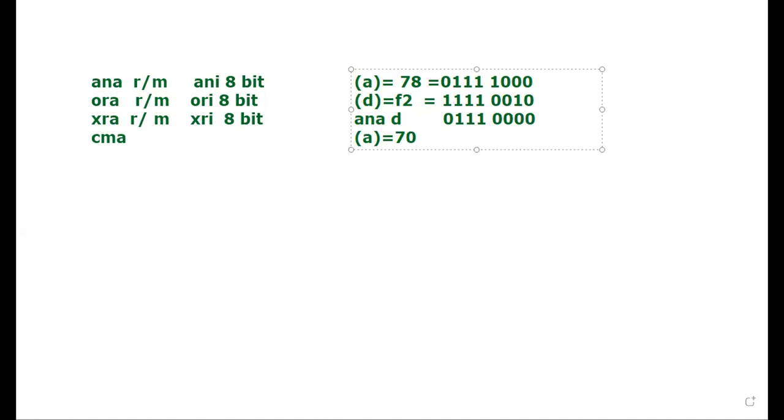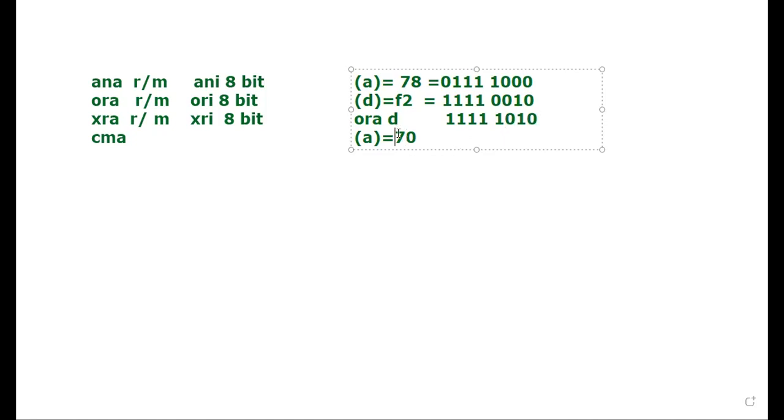Show everything up to here. ANDing instruction affects all the flags. Carry is reset of course, but auxiliary carry is set in the ANDing operation. Even though the ANDing operation has no auxiliary carry, auxiliary carry is set. If it is an OR operation, ORA D, in this case if one of the bits is 1, the output will be 1. So 1111, and because one of the bits is 1, this will be 1, then 010.